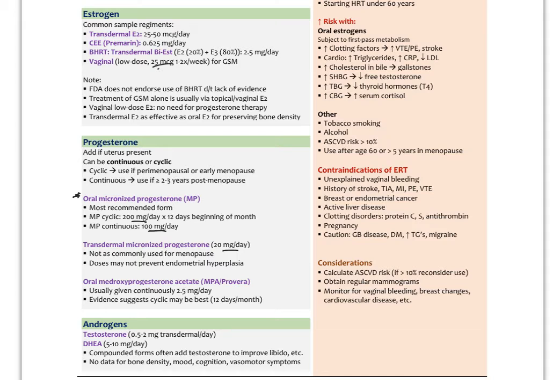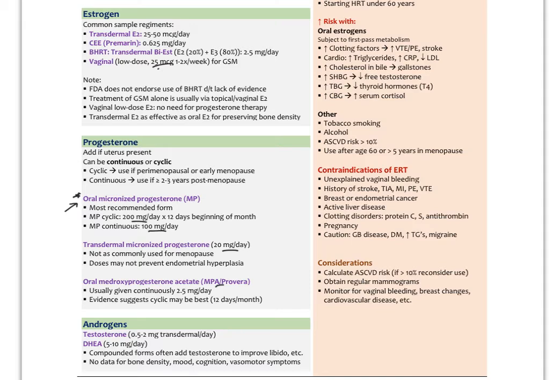It's not as commonly used for menopause, and we, again, have a question mark as to whether or not the doses prevent endometrial hyperplasia. And then there's the oral medroxyprogesterone acetate, the Provera, and that's usually given continuously at 2.5 milligrams a day. But some evidence might suggest a cyclic would be better there. But again, most doctors are starting to move towards the oral micronized progesterone.